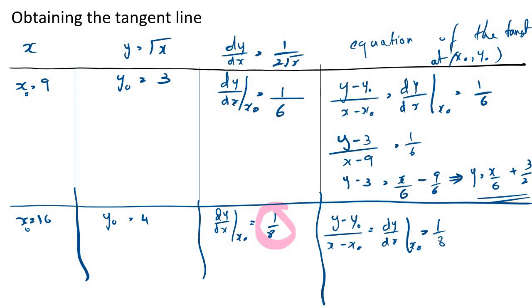So if we substitute y0 and x0, we have (y minus 4) over (x minus 16) equal to 1 over 8, and this can be written as y minus 4 equals (x minus 16) over 8, and y is equal to x over 8 plus 2.